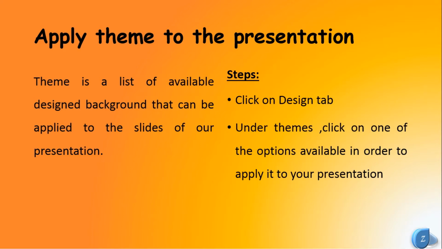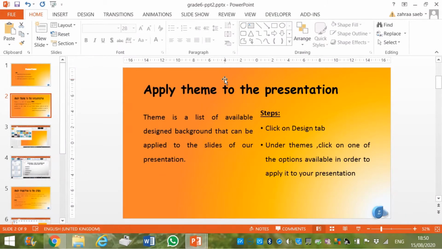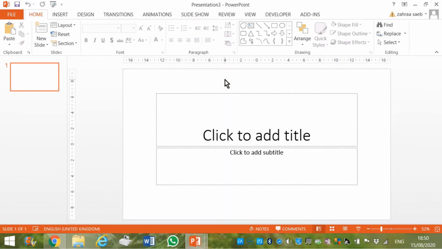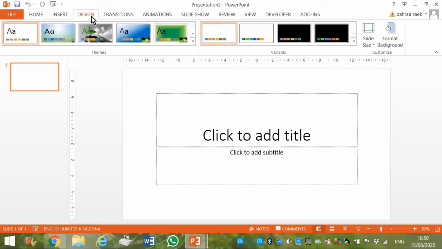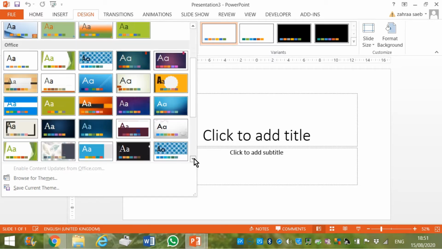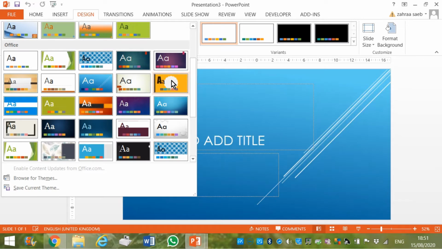Let's go through an example. I click on Design tab, then under Themes, I click on the arrow and choose one of the options available here.